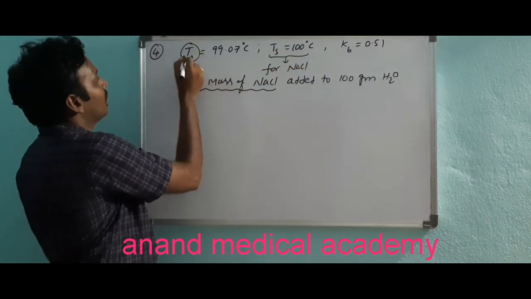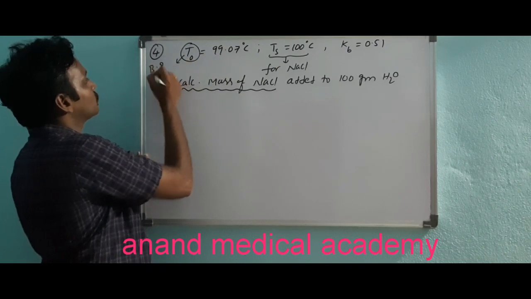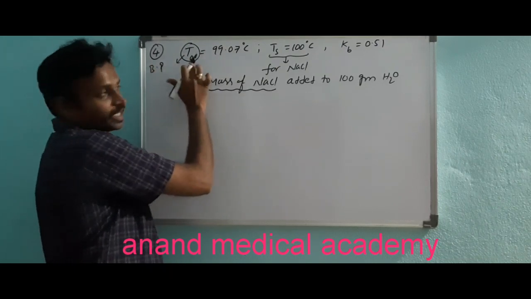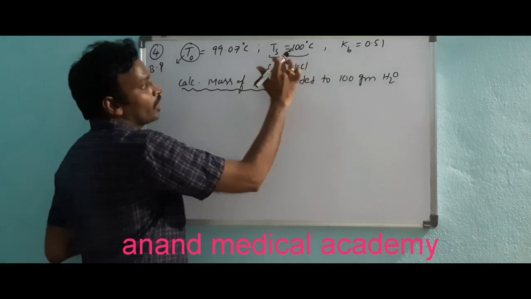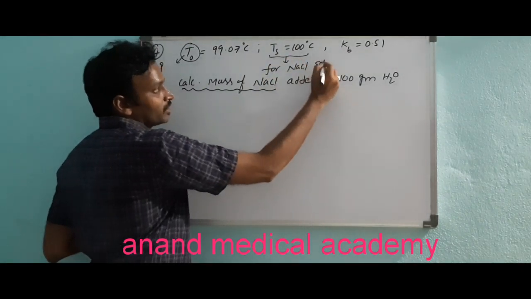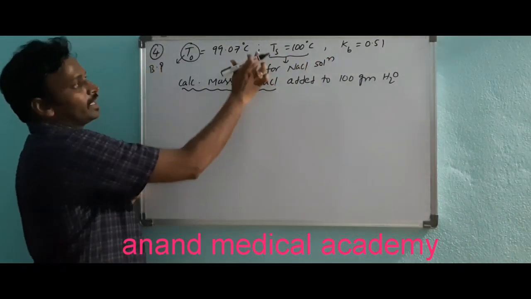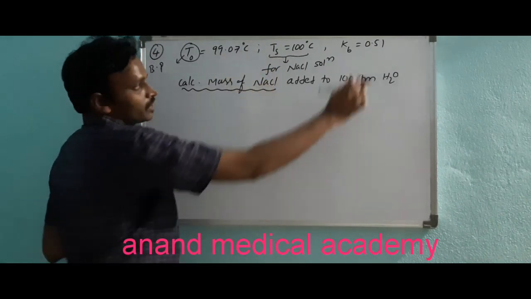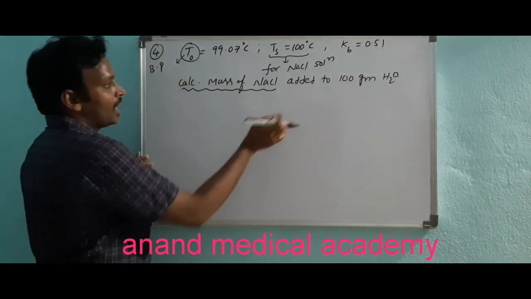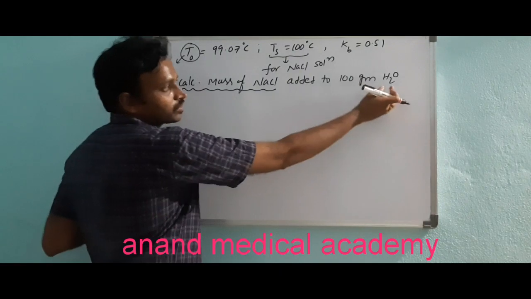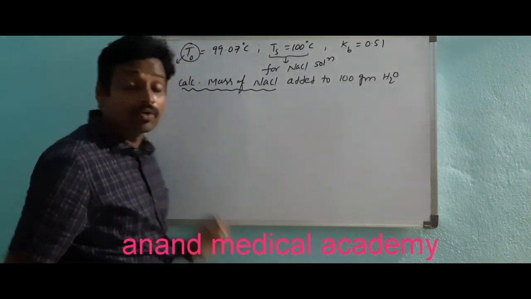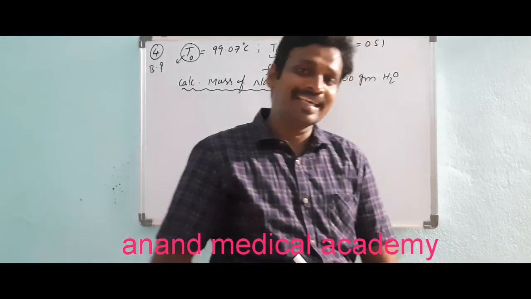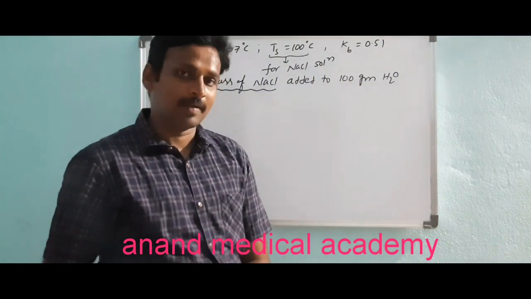It is the boiling point of pure solvent. This is the boiling point of the NaCl solution. Kb value was given, weight of solvent given, and weight of solute NaCl is asked.